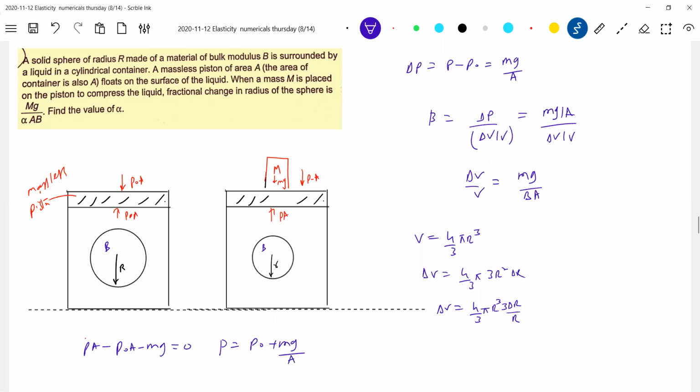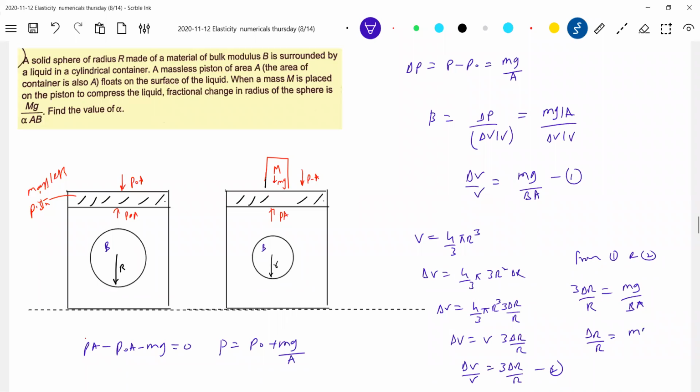Try to look at the mathematics. 4 pi by 3 r cube is V. So delta V by V is 3 delta R by R. This is equation 1, and that is equation 2. From 1 and 2, delta V by V is 3 delta R by R equal to mg by BA. So the fractional change in radius is mg by 3 BA.